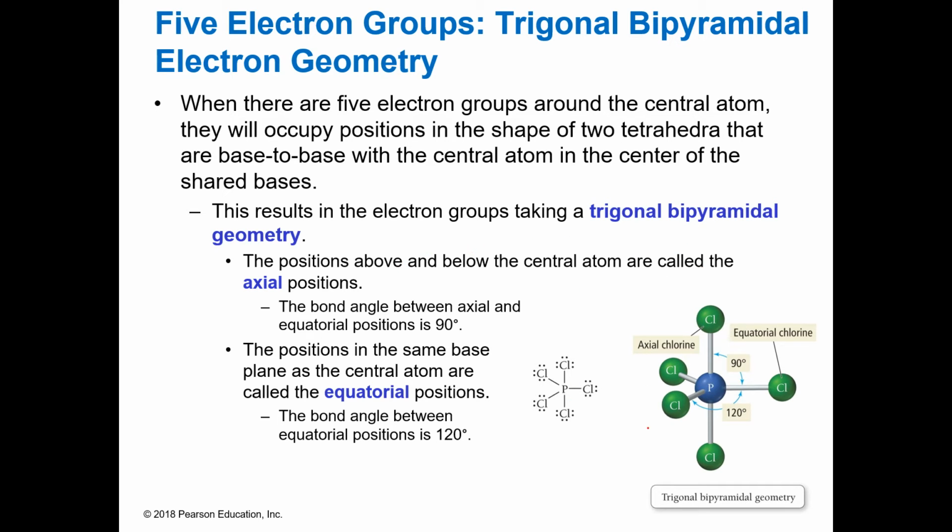If I look at it in a 3D version, there are 2 planes. There's what we call the axial plane, which is up and down, and then the equatorial plane, which kind of cuts it in half. So it's like 2 different planes. The axial plane will have a 90-degree angle, and the equatorial plane will have a 120-degree angle.